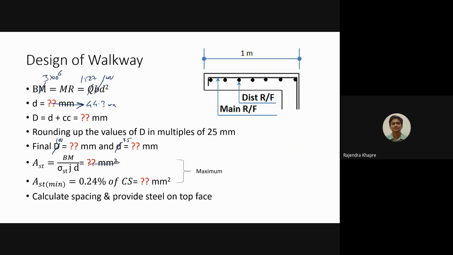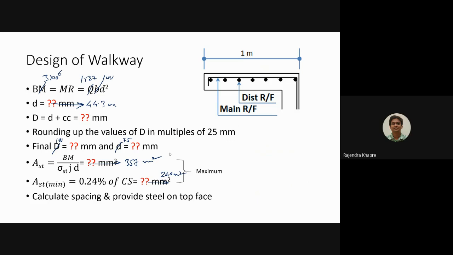Okay, what will be the AST and what will be the AST minimum? AST minimum will be 0.24% of the cross section area. So I think this is 240 mm square. Give me the AST actual. 357. 350. 7.78.